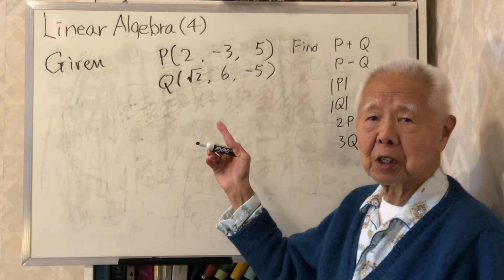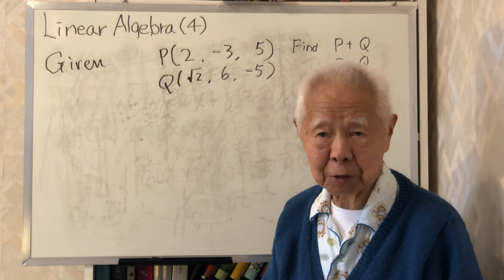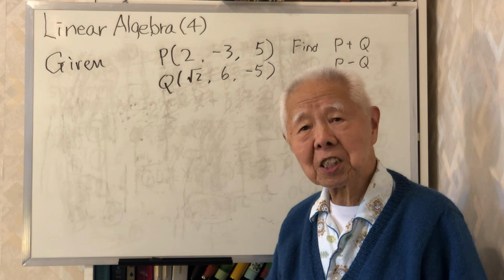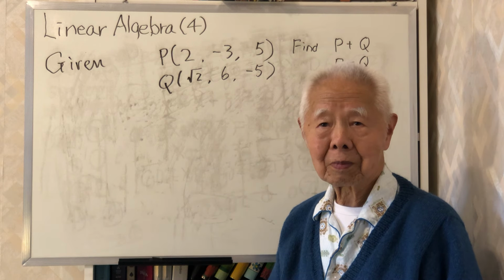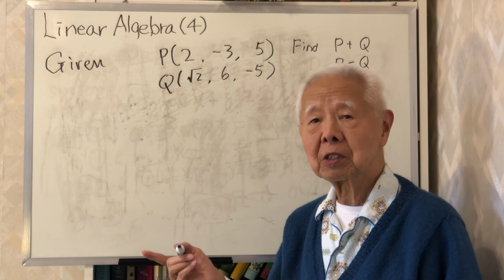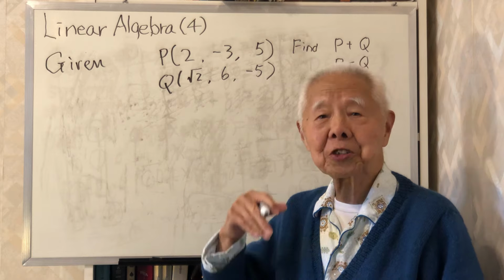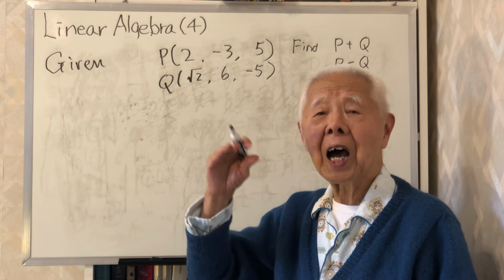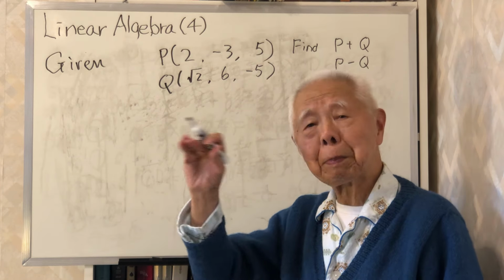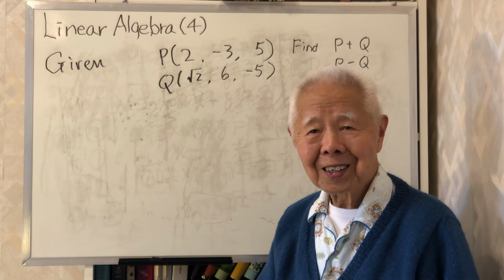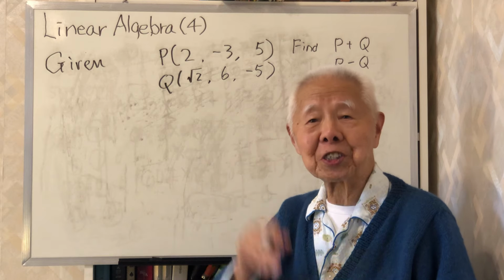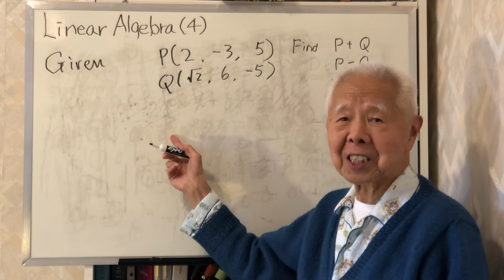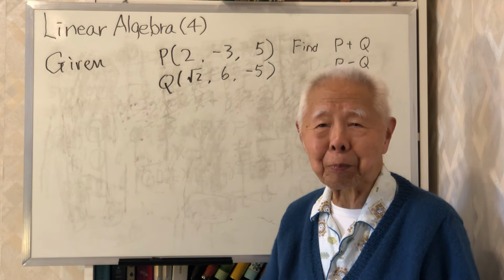Actually, this question is taken from a textbook. But in a textbook, there is no such confusion. How can you tell it's a point or a vector? Because in a textbook, you can have boldface to represent a vector, not boldface to represent a point. But when I write it, I cannot write boldface.